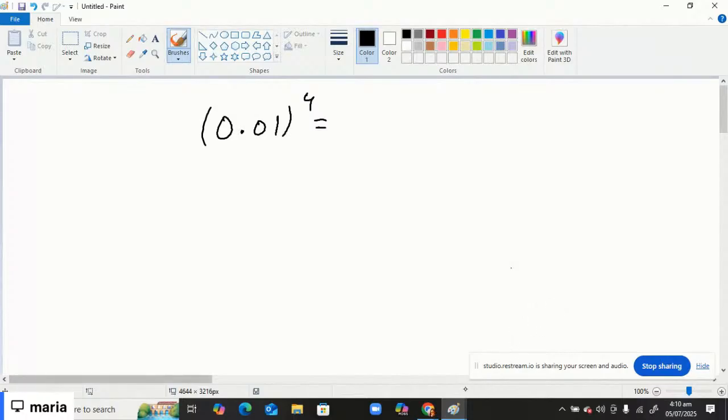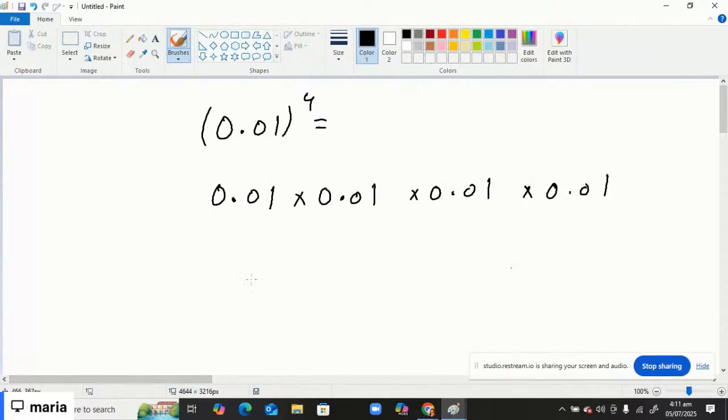Okay, so here 0.01 times 0.01 times 0.01 times 0.01. Two digits are already here. So this is 4. It means that on the fourth place we are just going to put it out. So it means that 2, 4, 6, and 8.